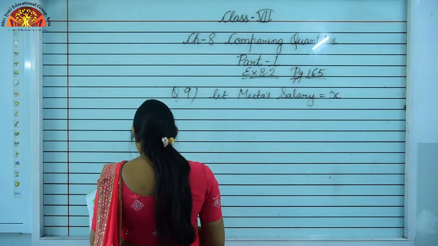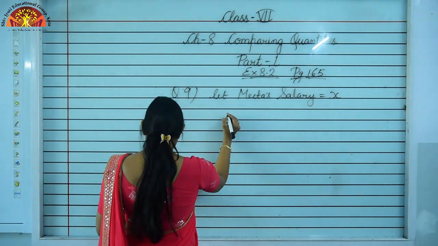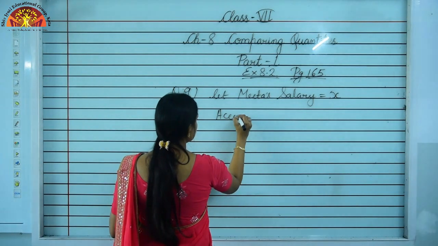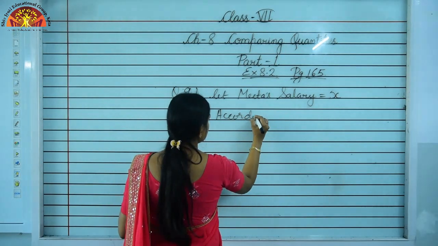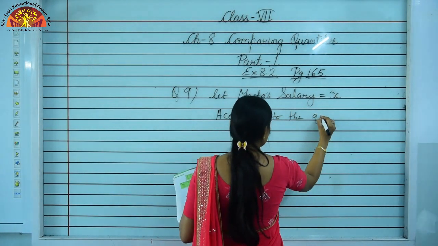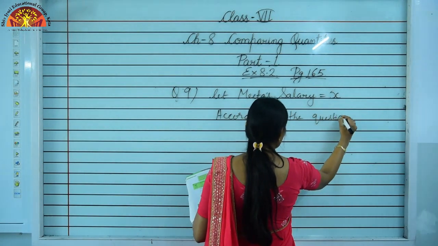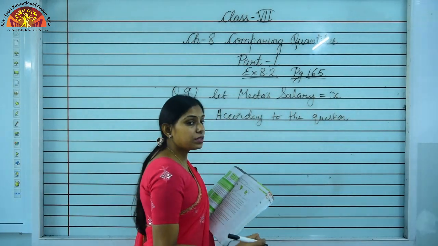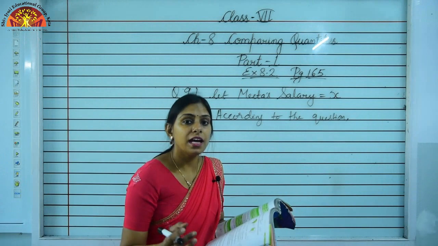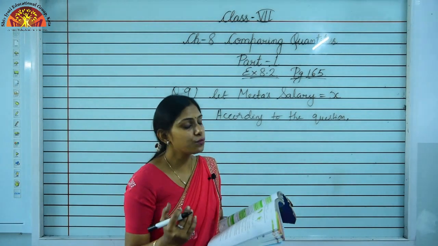Okay. Now, according to the question, what has been told? That whatever amount she used to save is 10% of her salary, and the amount she is saving is rupees 400.